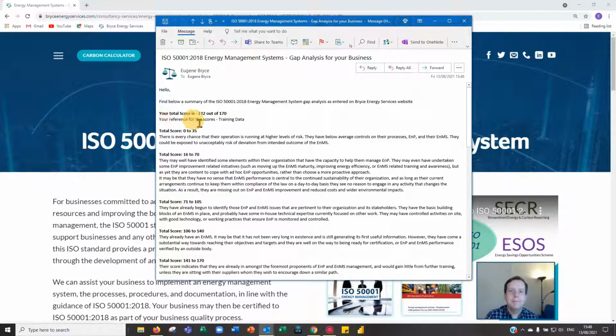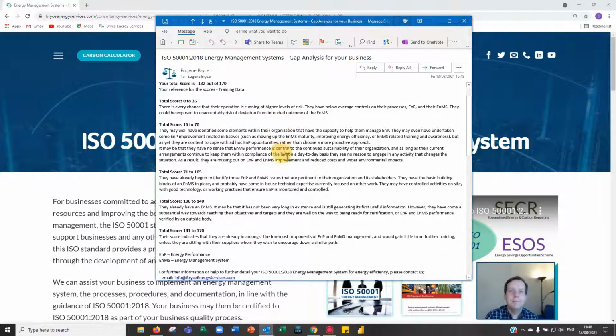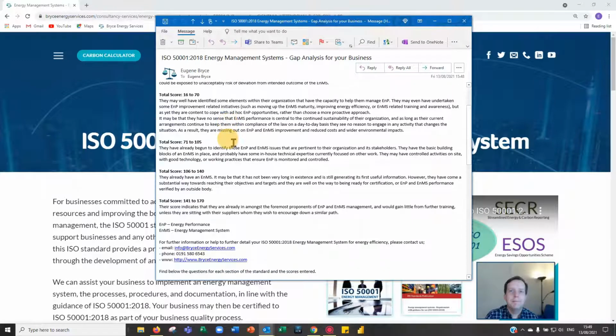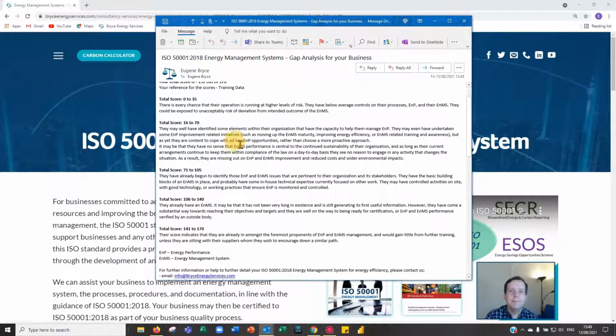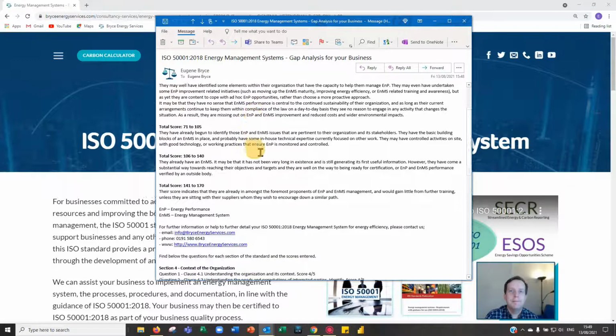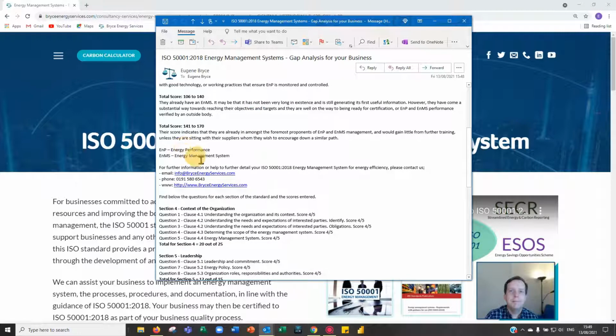You'll get your reference to the scores. I entered training data, and then you'll see the same text describing the various bands of compliance, or alignment to the best practice standard for energy management. Little reminder, EnPI is energy performance, ENMS is the energy management system itself.